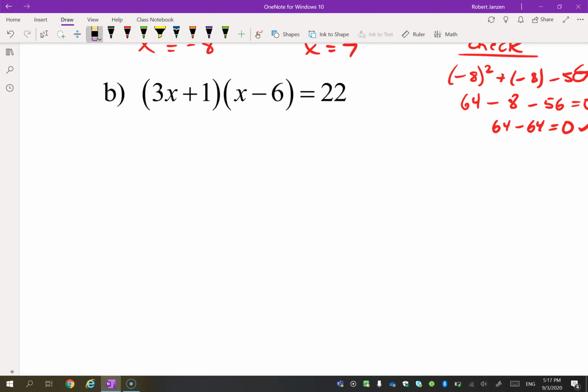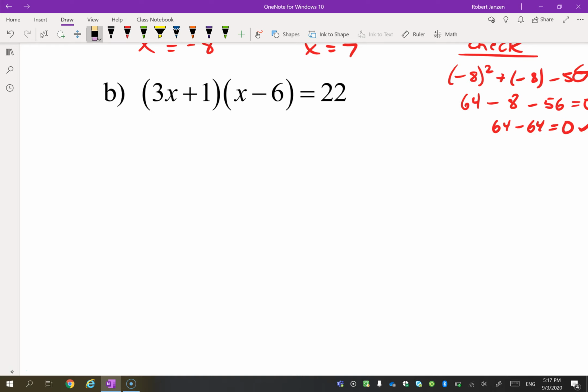That's what the zero product rule is. There are many, many ways to get to 22. I can't just say that either the first factor or the second factor is 22. Maybe the first factor would be 2 and the second 11, but again, that's not how we solve these. So we have to get everything equal to 0 and rearrange this equation.